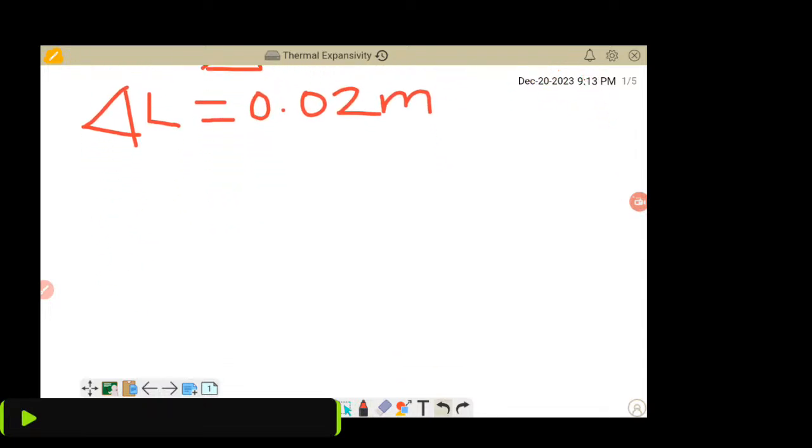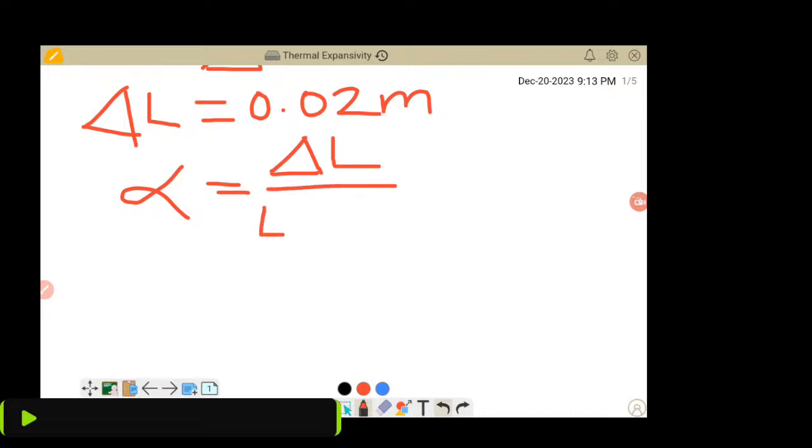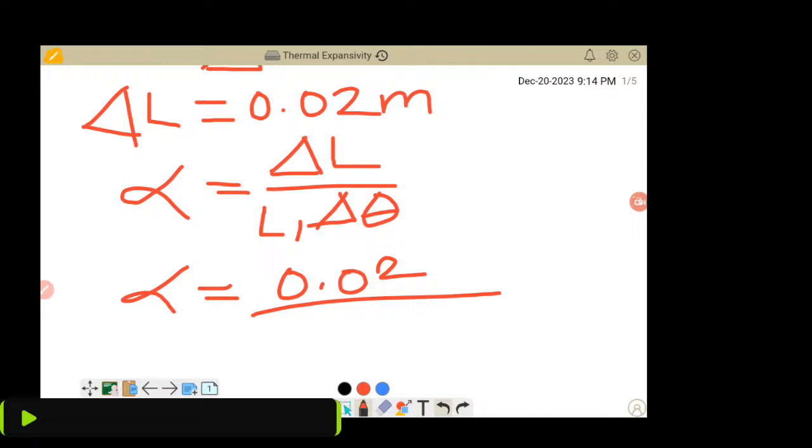And what is the formula for linear expansivity? Alpha is equal to change in length, according to what we discussed earlier, over original length multiplied by change in temperature. So our linear expansivity equals change in length, which is 0.02, divided by our original length, which is 20, multiplied by change in temperature, which we calculated to be 50.